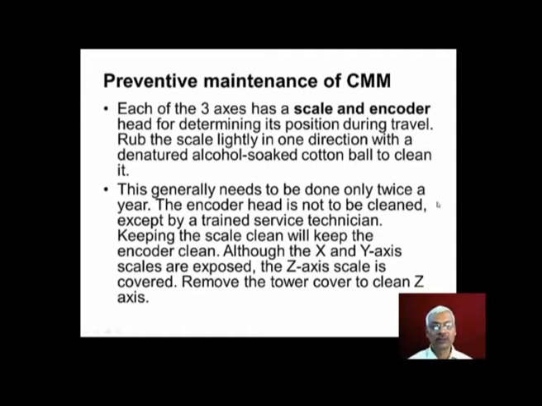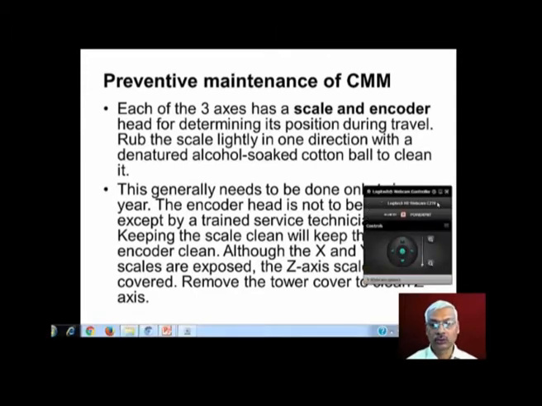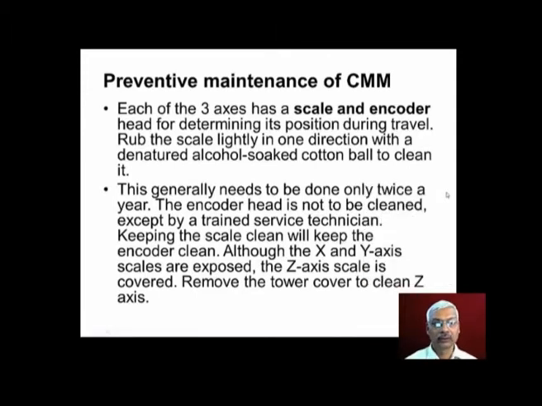We should rub the scale lightly in one direction with a denatured alcohol soaked cotton ball to clean the scale. This generally needs to be done only twice in a year. The encoder head is not to be cleaned except by a trained service technician.